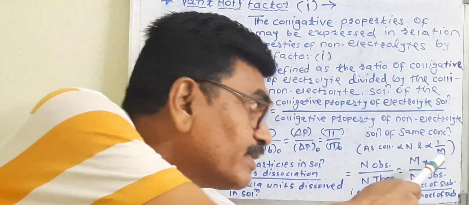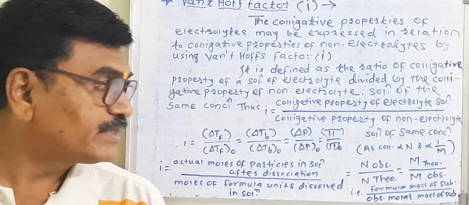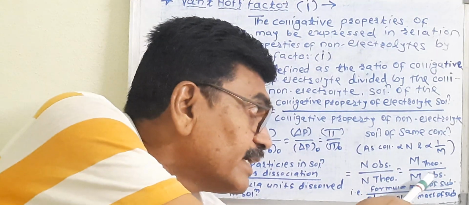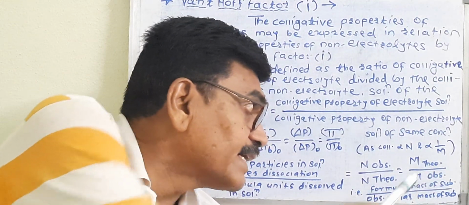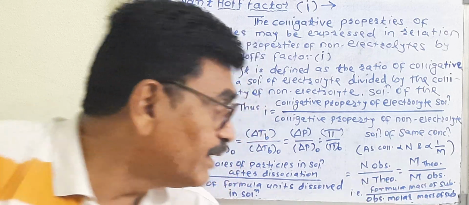Because the qualitative property is inversely proportional to the molar mass, for the molar masses the Van't Hoff factor can be written in the inverted fashion: M theoretical upon M observed.